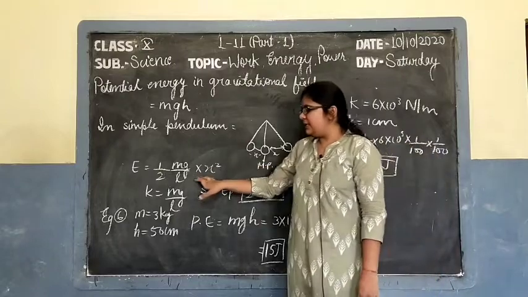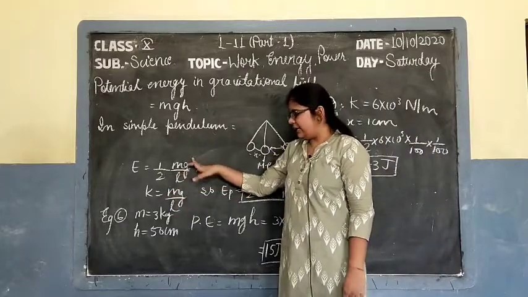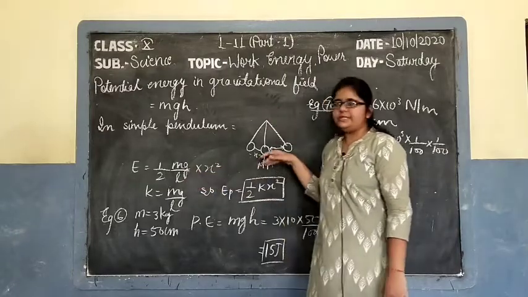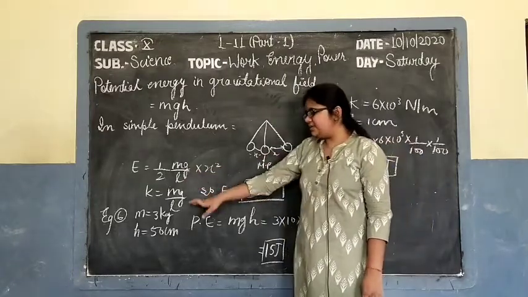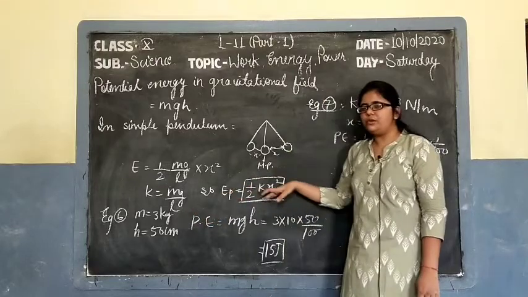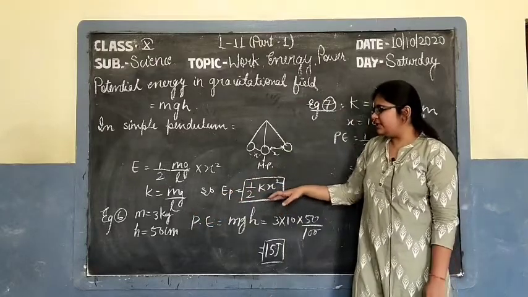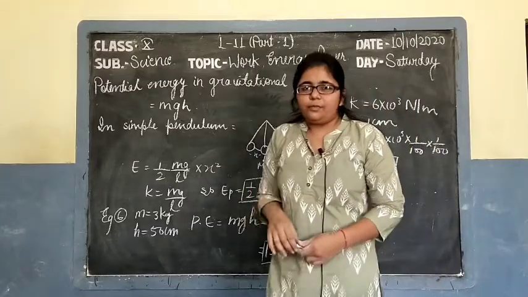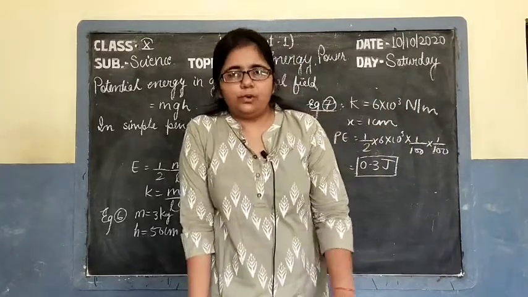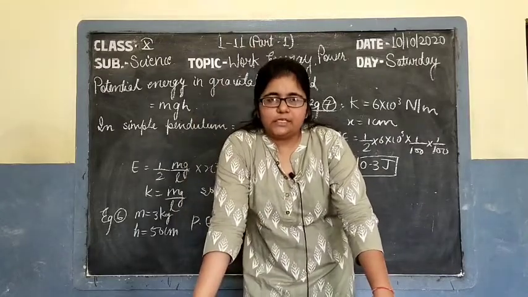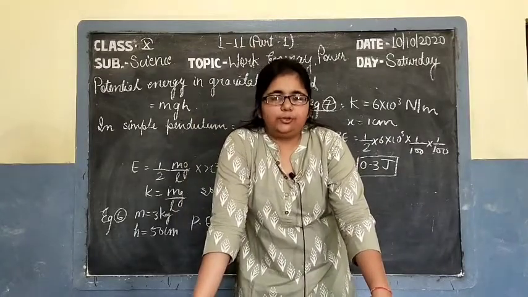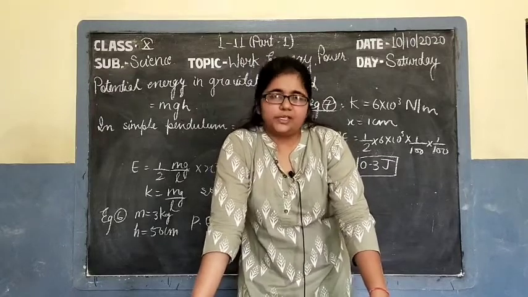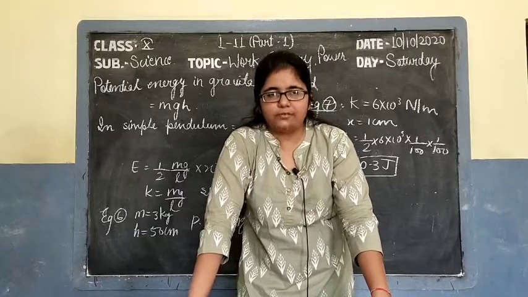In this condition K will be mg by L, that is the force exerted divided by the length from which it is attached. Then you get the formula of potential energy, which is half k x square. Like the simple pendulum, there is one more object, the spring, which has elastic limits and can be compressed and elongated, and the formula of potential energy will be the same, half k x square.